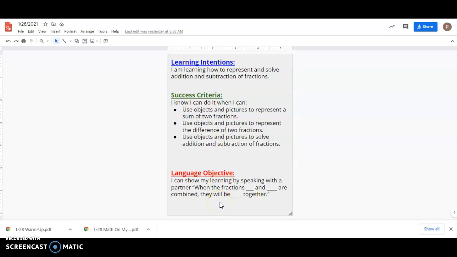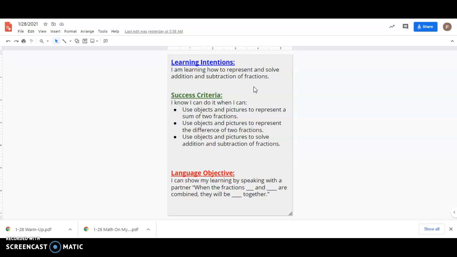Hello, ladies and gentlemen. Today we are learning how to represent and solve addition and subtraction of fractions. So we are going to be able to make models and pictures of them as well as solve addition and subtraction problems with fractions.